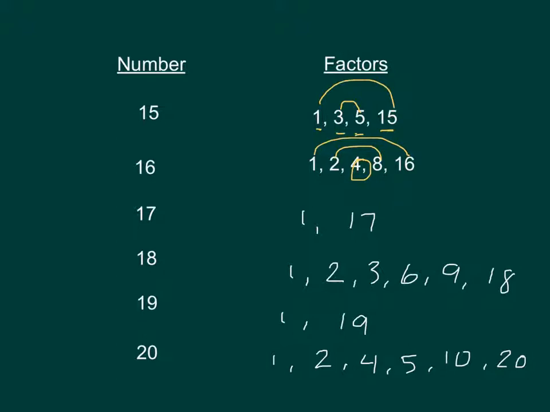Which numbers have the most factors? I can tell by looking that 18 and 20 have the most factors. They each have 6 factors. Which numbers have an even number of factors?